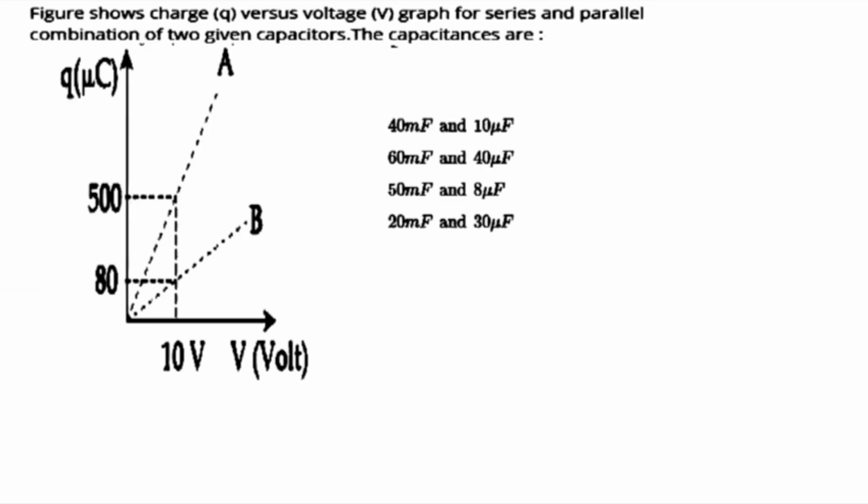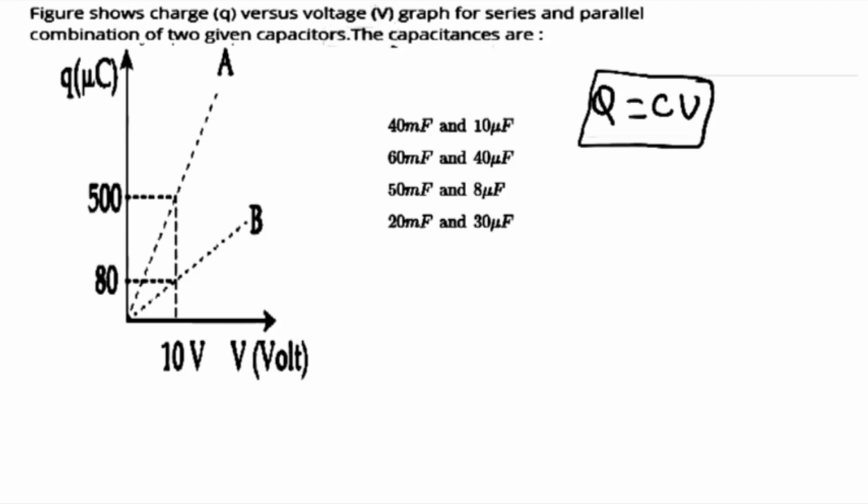Hello. The question is: the figure shows the charge Q versus voltage V graph for series and parallel combinations of given capacitances. The capacitances are? We know the relation between Q and V: Q is given by CV.